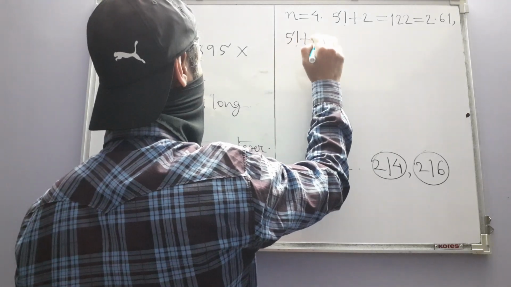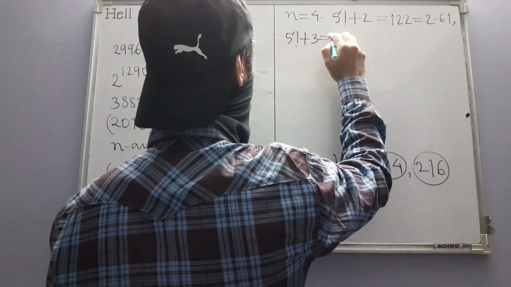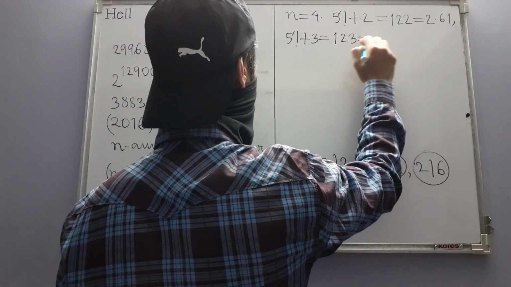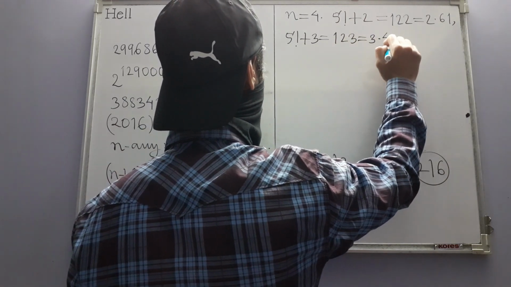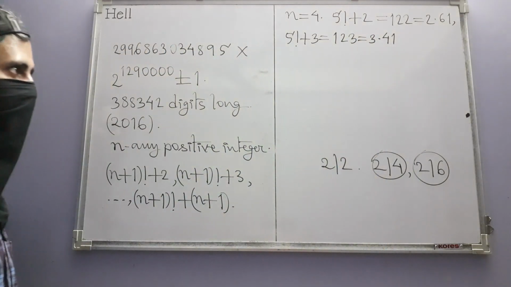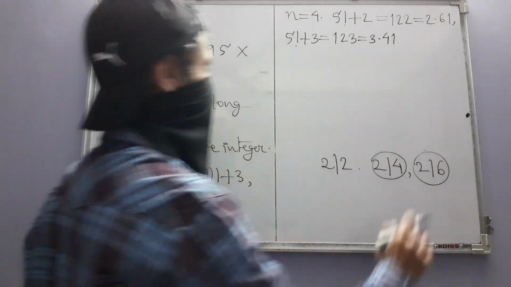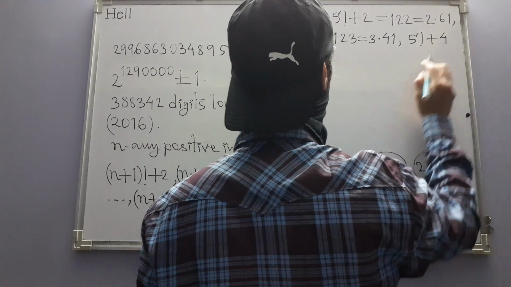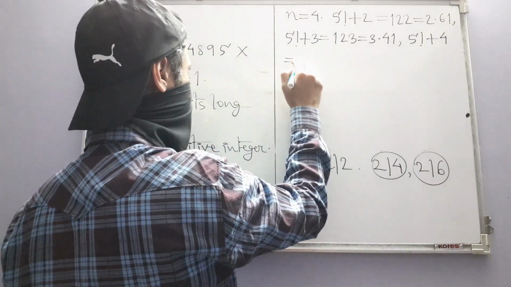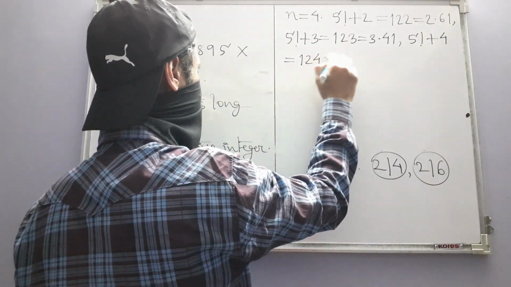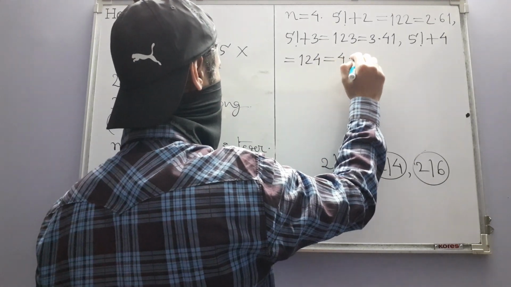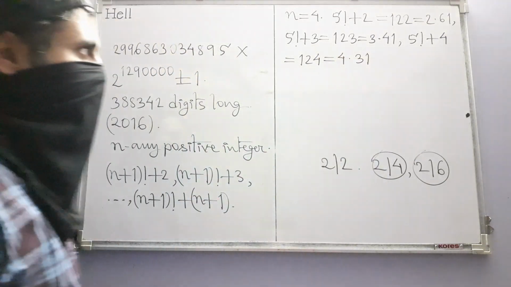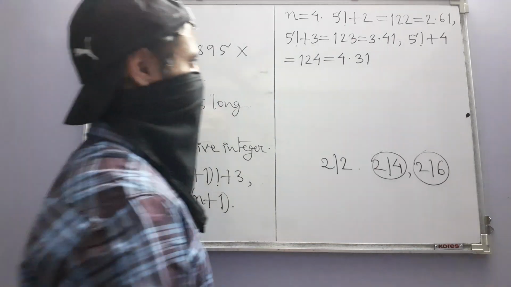Then 123. This, if you see, is 3 times 41. Then 5 factorial plus 4 is 124, which is 4 times 31, this is also composite.